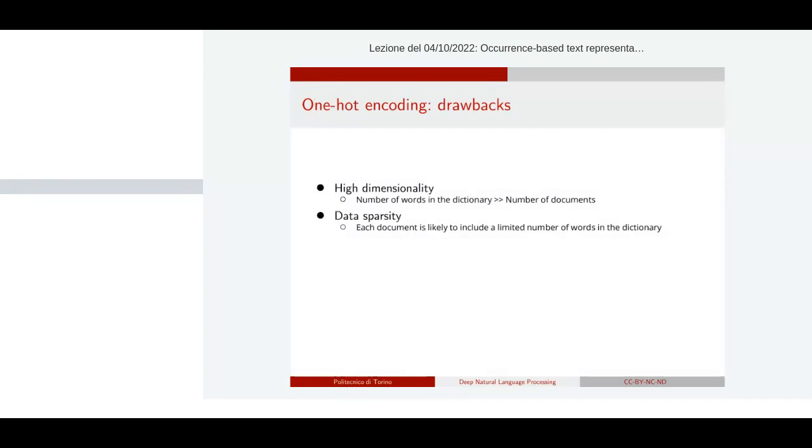What are the drawbacks of such a representation? It's extremely high dimensional. Let's imagine if you have one column per word in the Italian vocabulary. It means that you have thousands and thousands of words, thousands and thousands of different distinct features.